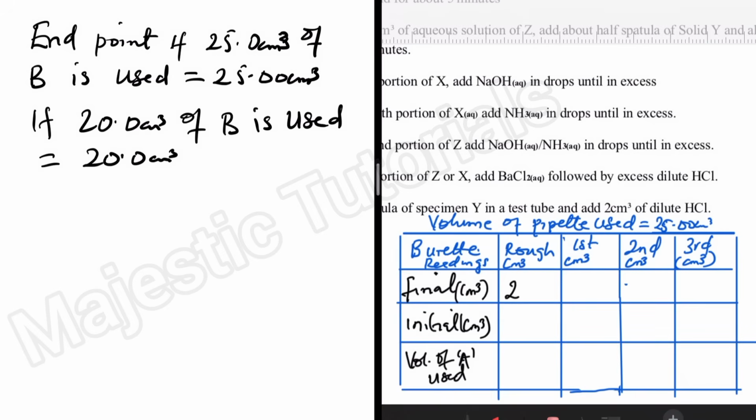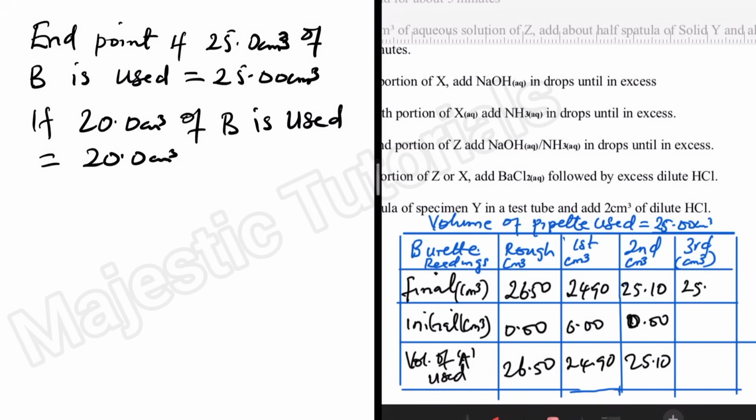So maybe our rough is 26.50. Here is 0.00, 26.50. The first one we look at 24.90, 0.00, 24.90. Then 25.10, 0.00, 25.10.